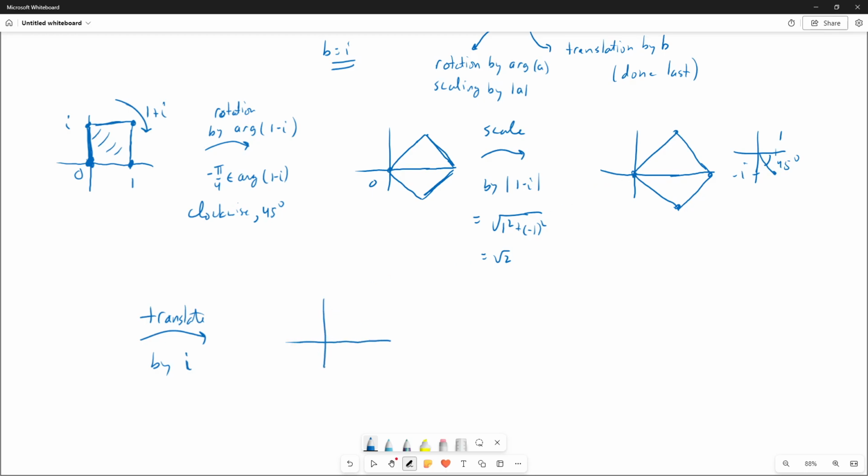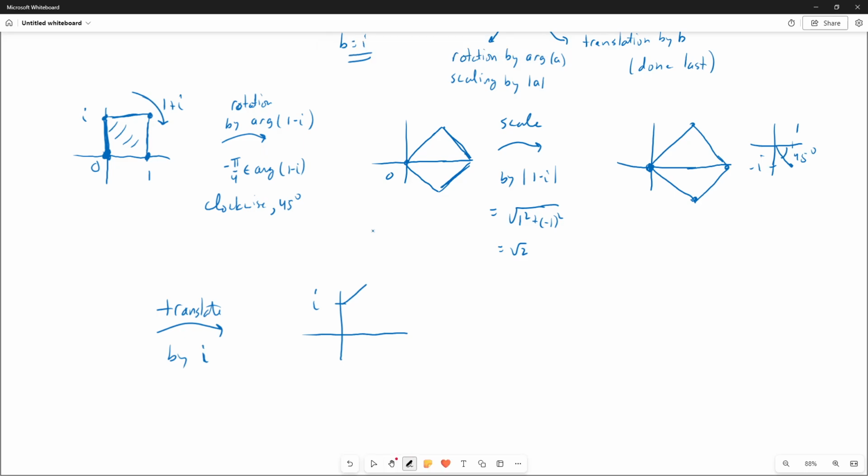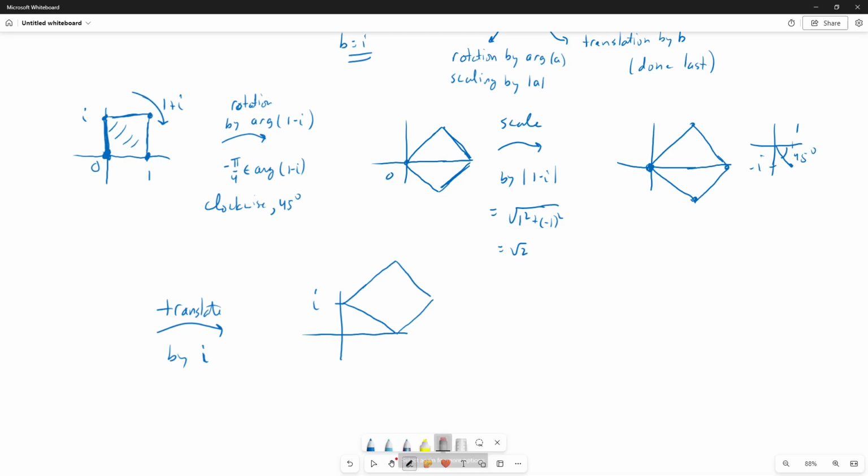This one was 0, so that's going to become i, and then we make the rest of this what should be a square. Let's try to draw that again. All right, fair enough.